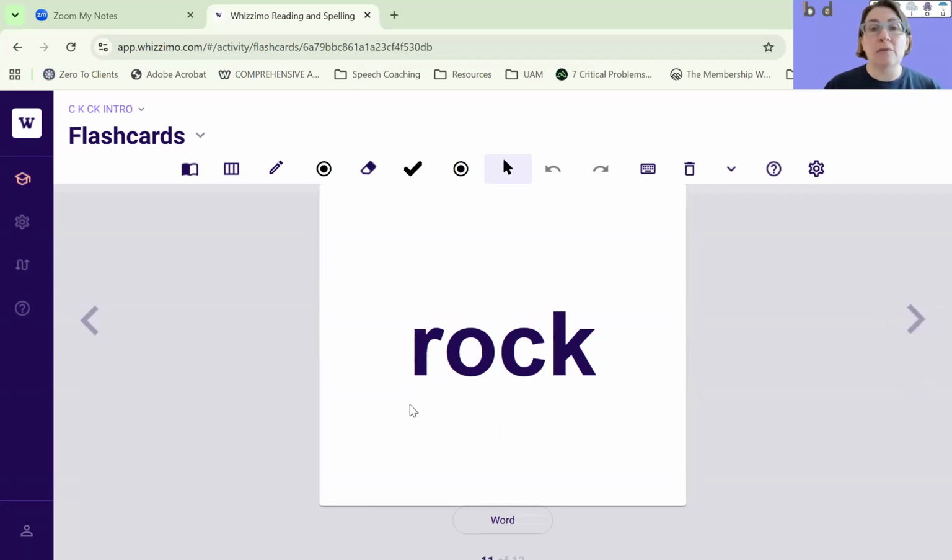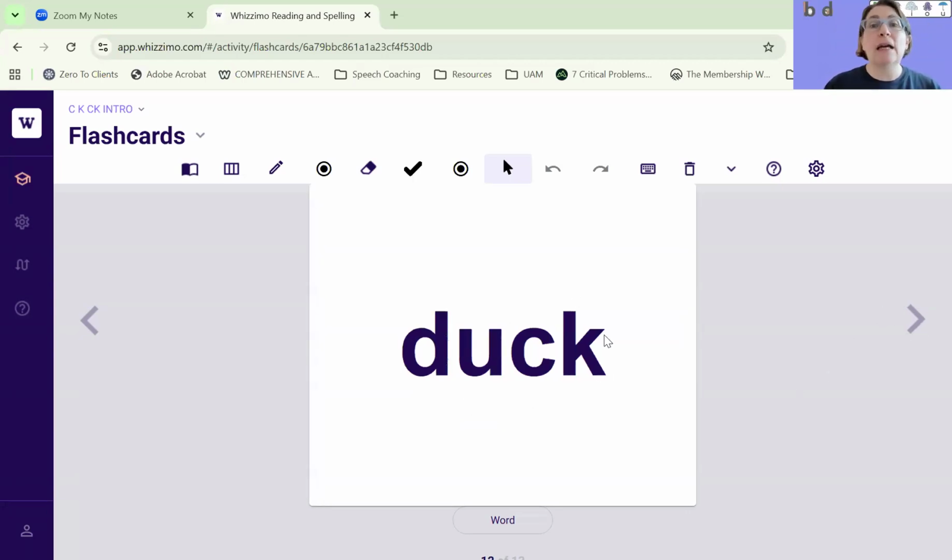And here we have the word rock. Here we're spelling that sound with a CK because it's coming after a short vowel, ah. And here again, CK is going to be the way that we spell this sound in the word duck because it's after a short vowel.